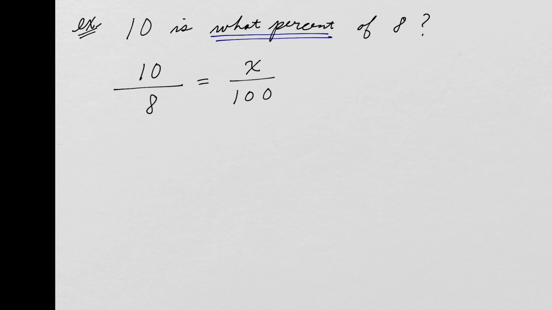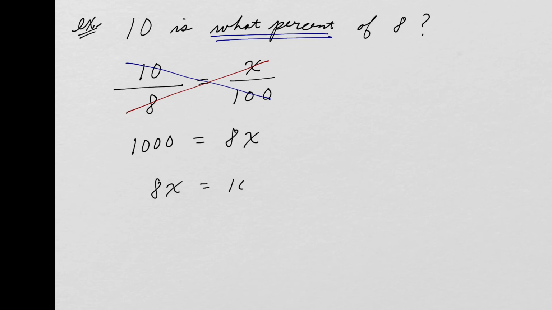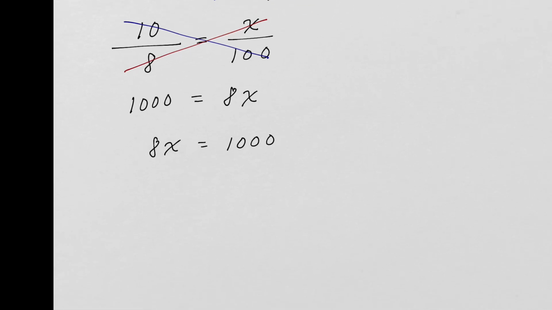So again, I'm going to use cross multiplication. I could simplify the 10/8, but let's just leave it in this case. So I'll multiply upper left times bottom right. So 10 times 100 is 1,000 equals bottom left times upper right. 8 times x is 8x. I'm just going to put the variable on the left-hand side. And now to get x by itself, I need to divide both sides by 8, right? Since it's being multiplied by 8, I want 1x, I'll divide by 8.